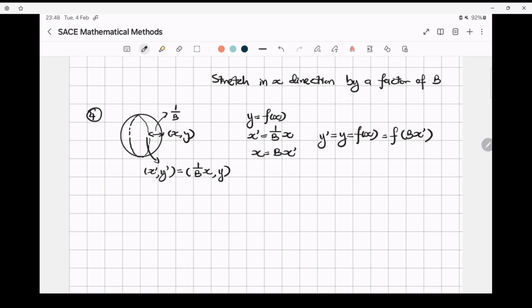So if you see this particular scenario, this is a compression in x direction by a factor of 1 over b.